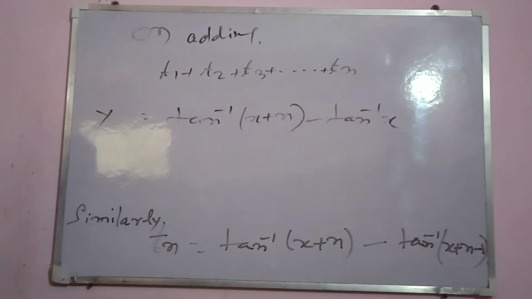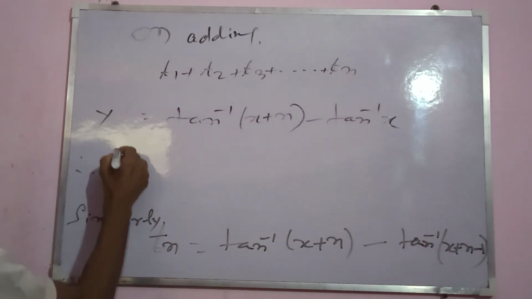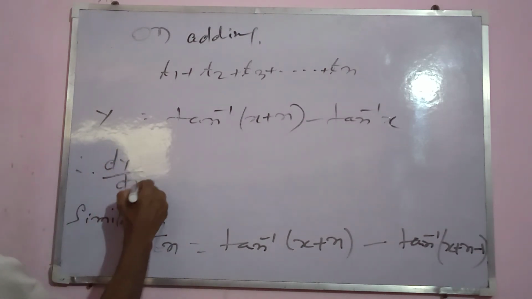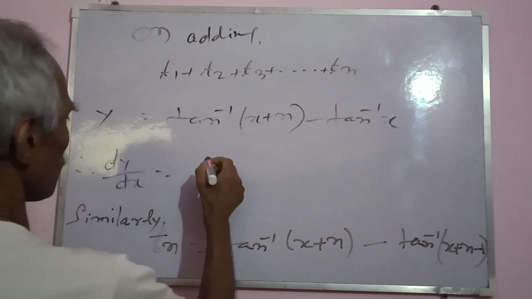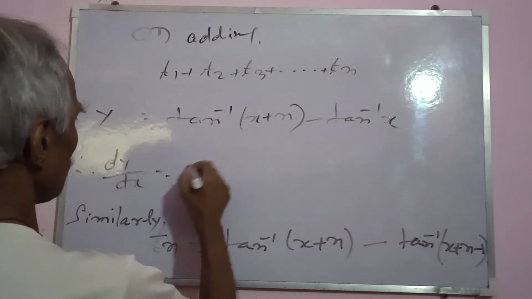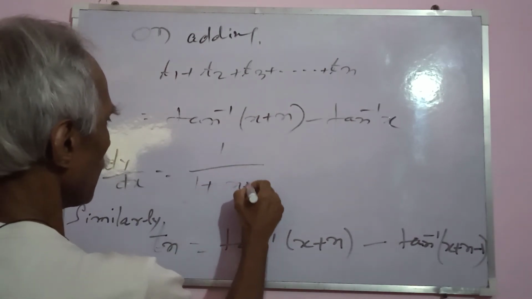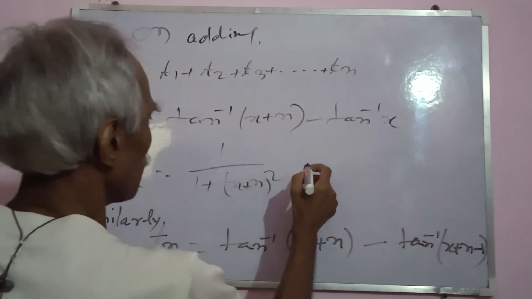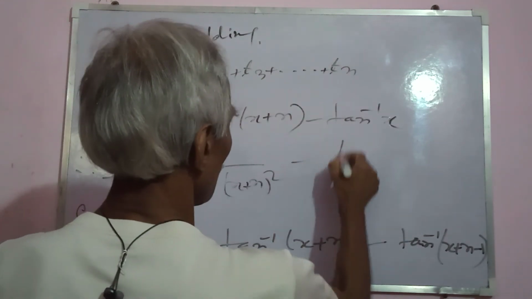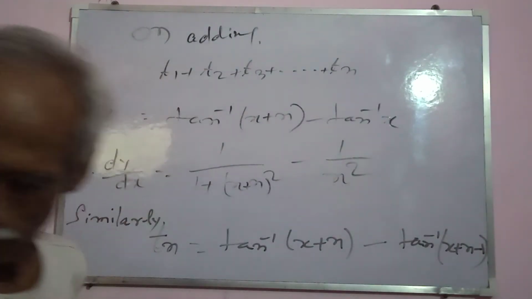Y is equal to this. Therefore, dy by dx can be written as 1 by (1 plus (x plus n) whole square) minus 1 by (1 plus x square).